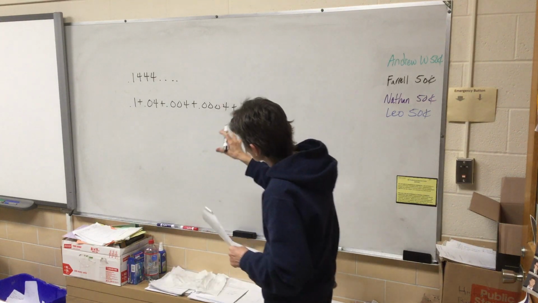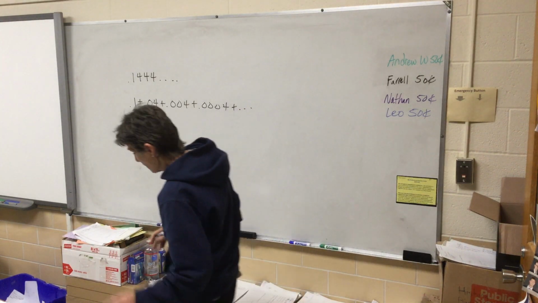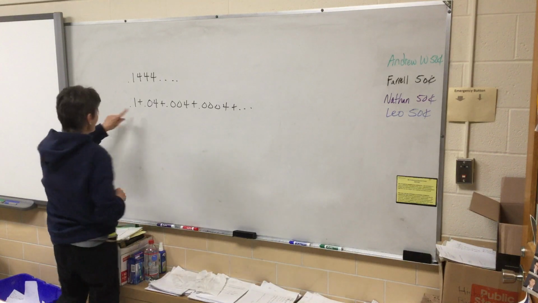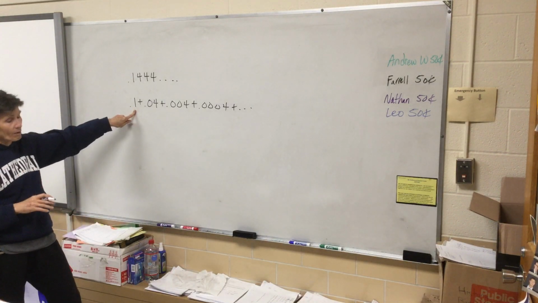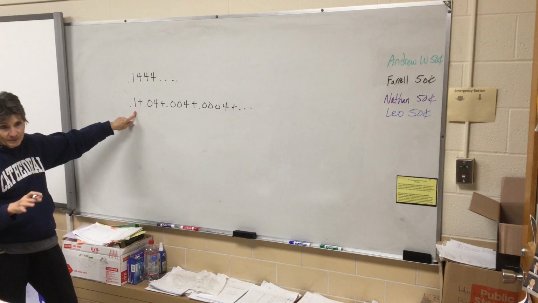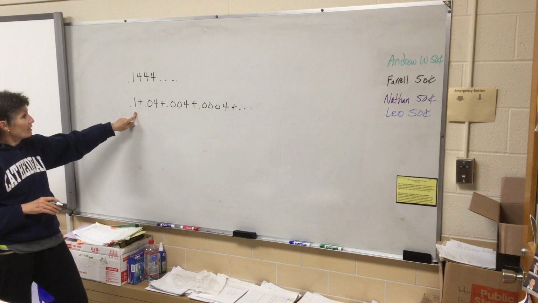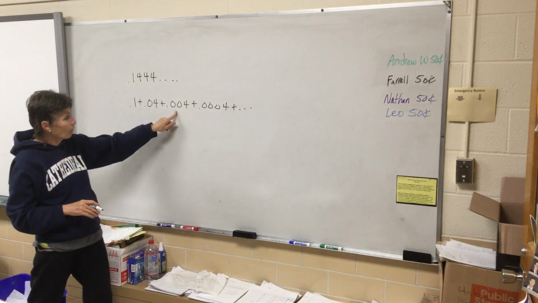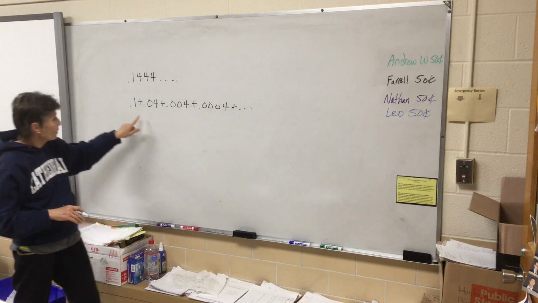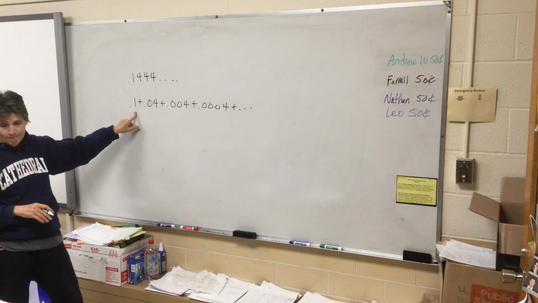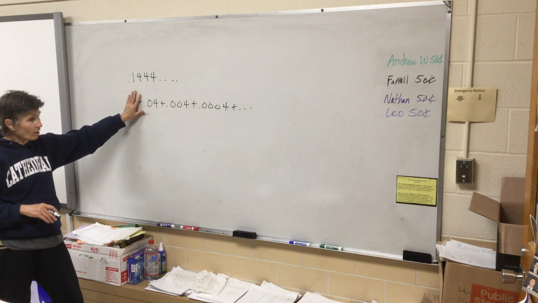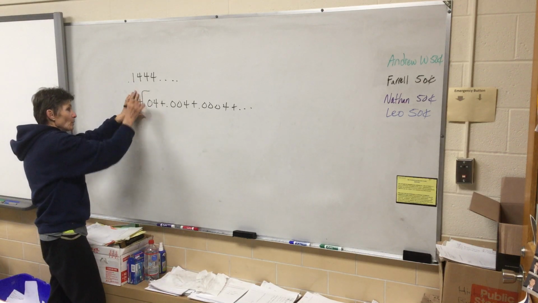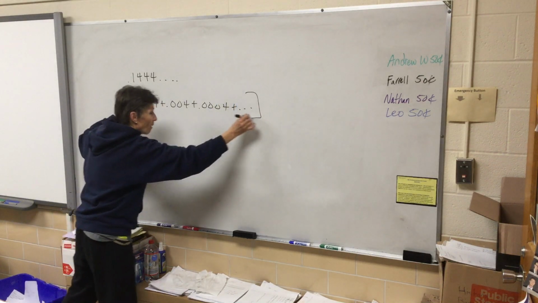So go ahead and split it up like this, but notice that this first number is not part of the infinite series. While we're moving the decimal point 1 place for all of these, we did something else here. So we're going to disregard it for a moment and add up this part.